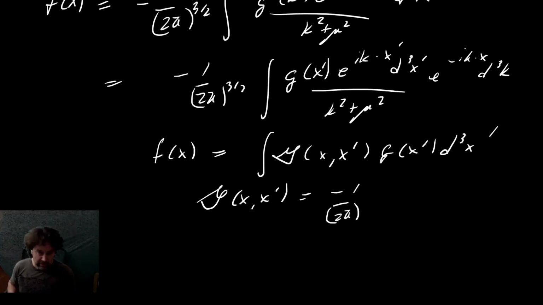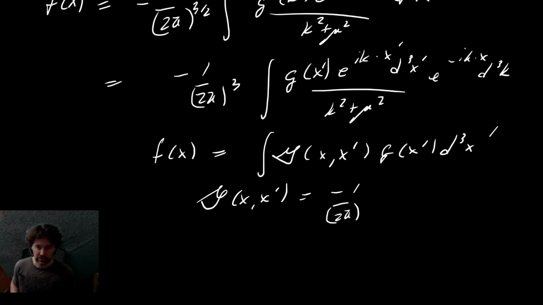And I made a mistake up here. When I write out the g hat of k, I should bring down another 2 pi to the 3 halves. I didn't do that. That kills the square root.